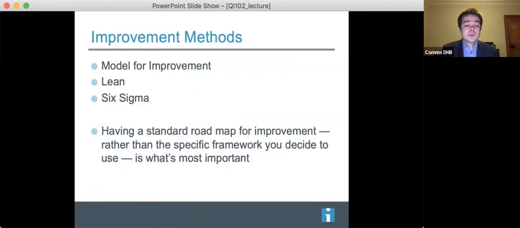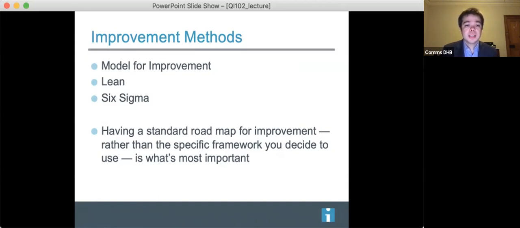So there are many different improvement methods around, as you probably know. There's the model for improvement, which the IHI promote, but there's also things like Lean, which came out of Toyota, and Six Sigma, which has come out of manufacturing. And they all have their pros and cons. You can't really say that one is better than the other, but the best thing to know is that you need to all be talking the same language.